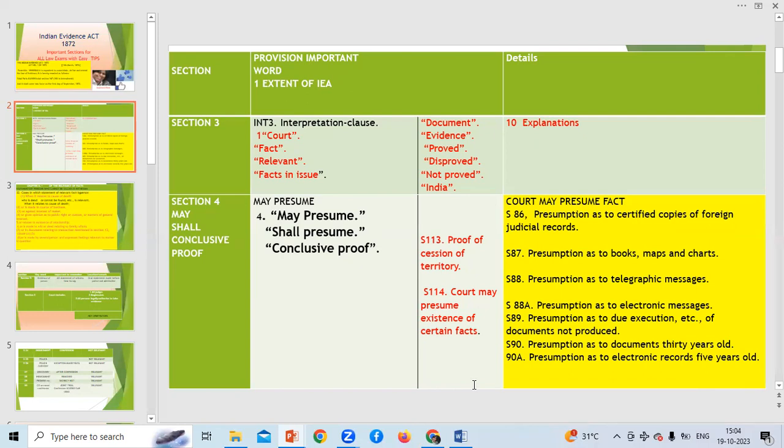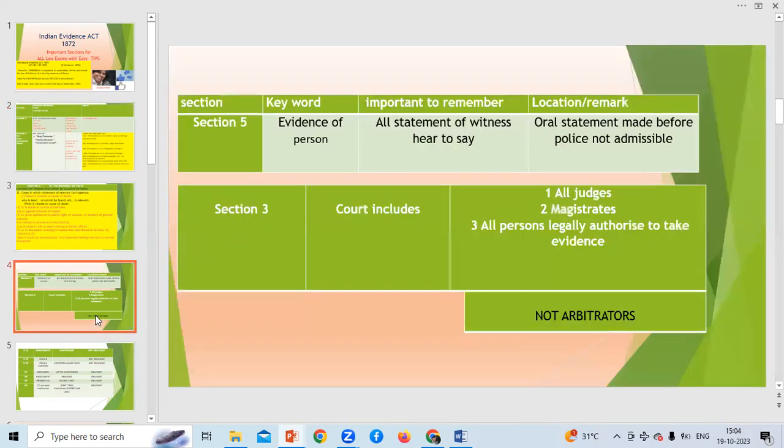It is only the presumption of the court that they are true and relevant to the case. Section 90A is for presumption as to electronic records of 5 years old. So we'll go to the next slide.